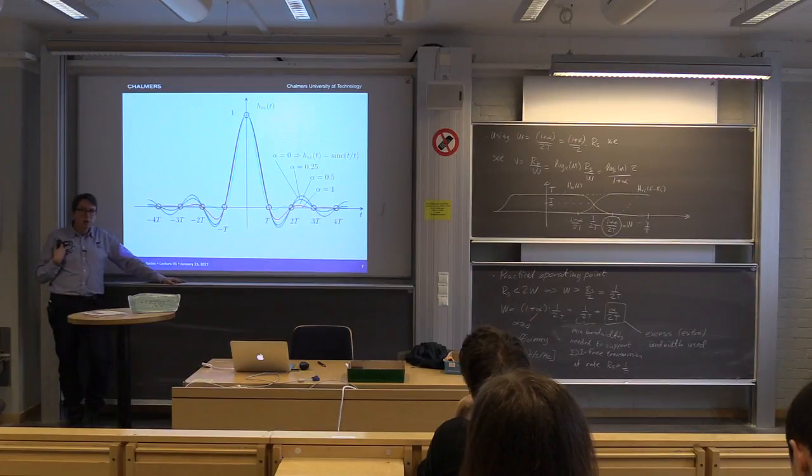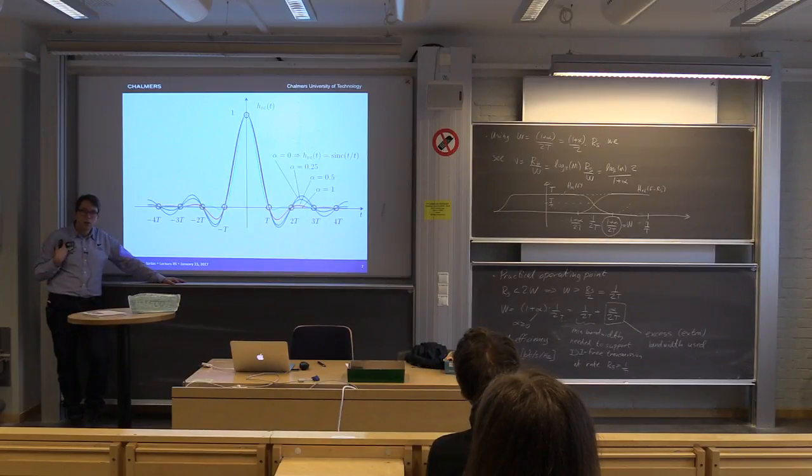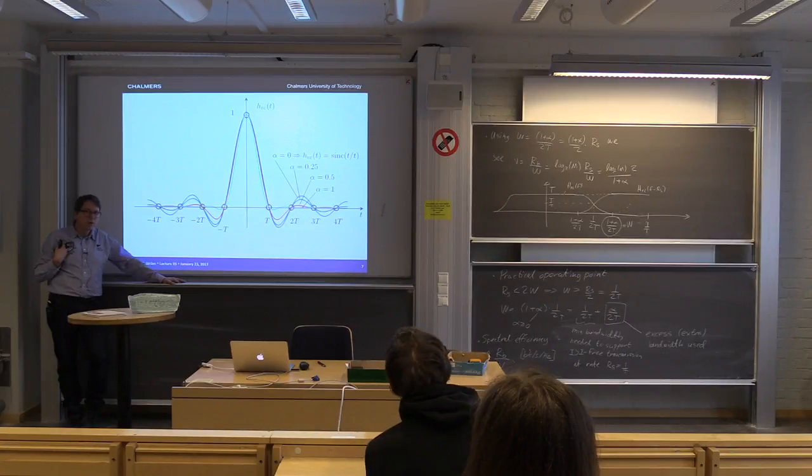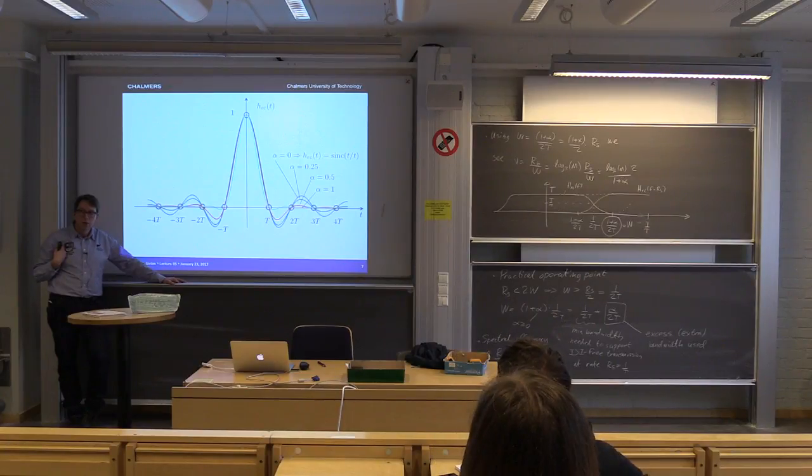If it's not time limited, what is the problem with that? Do you get bleed over into other pulses? No, not really, because that's what we avoided through the Nyquist pulse. So it's not going to interfere with the consecutive pulses. There is something else. When you want to transmit the first symbol, how long does it take in time?